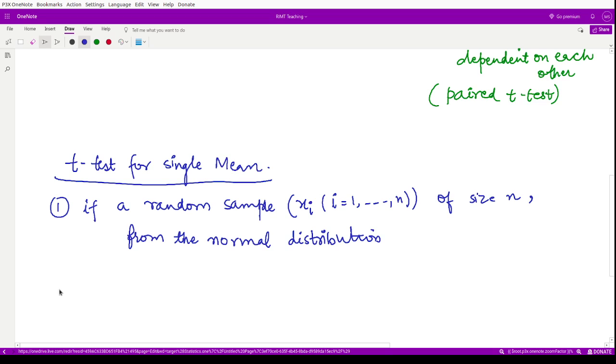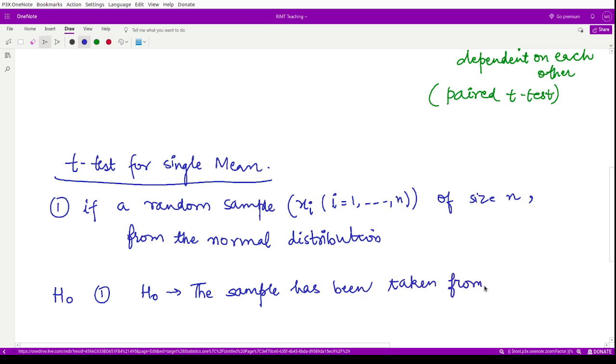So here what we can formulate as your null hypothesis H naught, the first thing that you may formulate, is that the sample has been taken from some population having mean as mu naught.